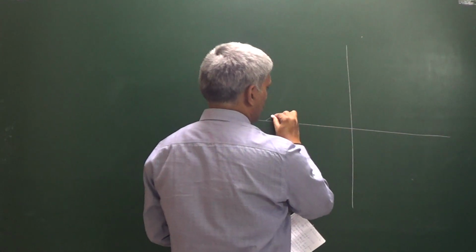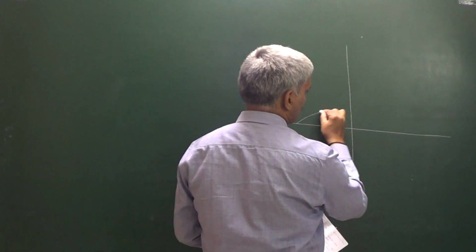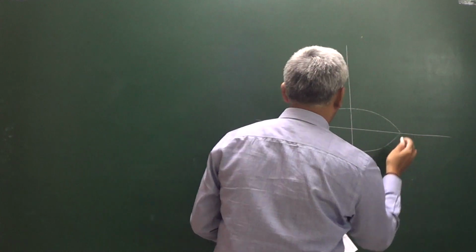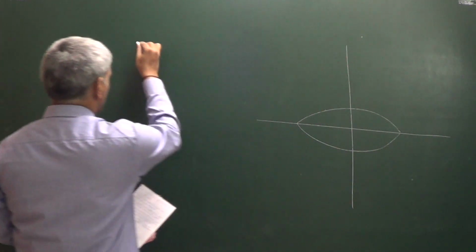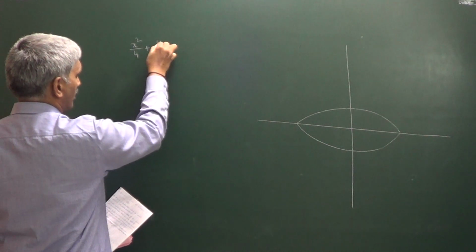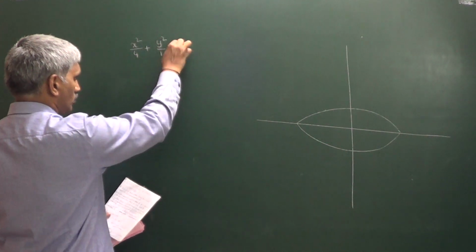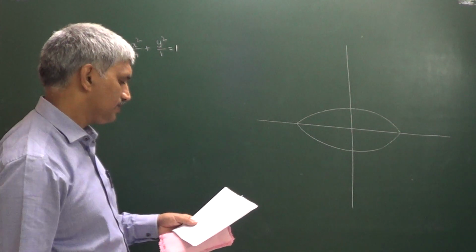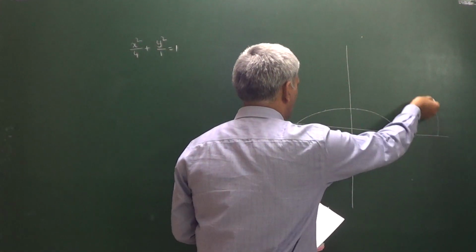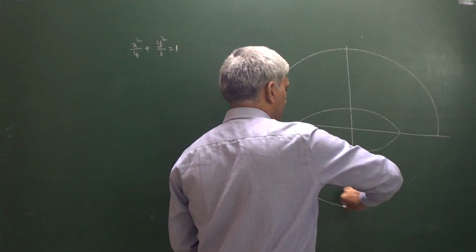So let us say this is the ellipse given. The equation of the ellipse is given as x square by 4 plus y square by 1 equals 1. That is the ellipse given. x square plus y square equals 25 is a circle.